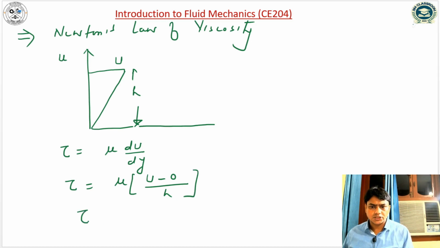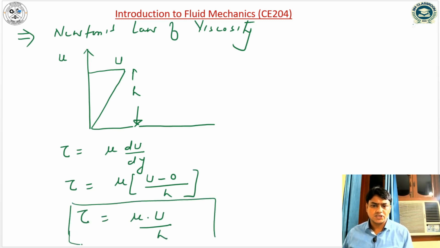So the shear stress is equal to mu into u by h, where h is the distance between the fluids.